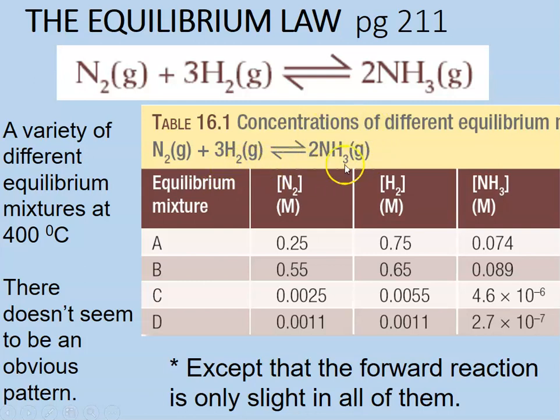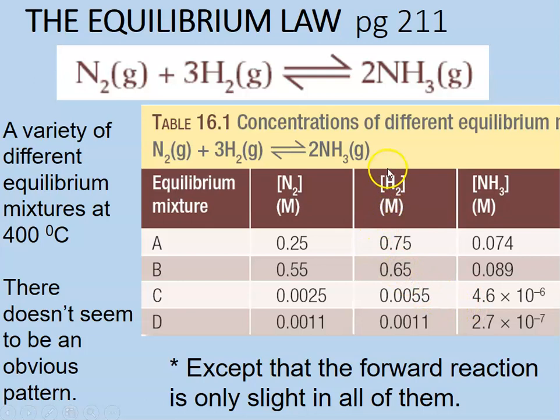So depending on how much you've got, there must be some mathematical way of knowing how much product you're going to make depending on the amount of reactant. So they did a whole lot of different equilibrium mixtures with different concentrations to see if they could find a pattern, a mathematical way of expressing it.